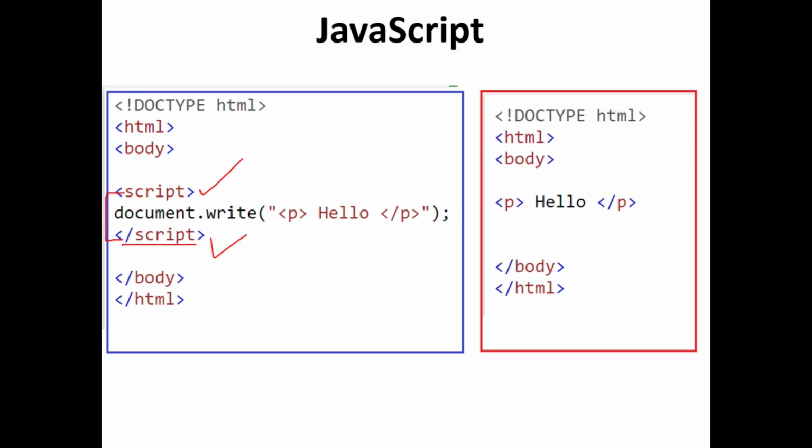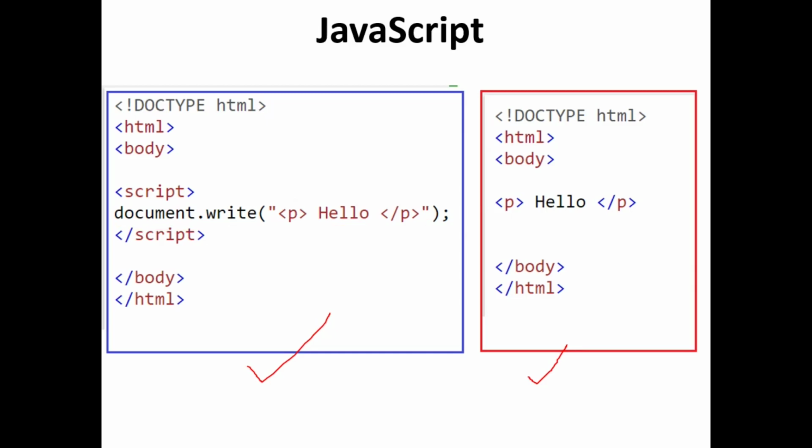For example, here I have written a single line of JavaScript using the document.write function. This function is very useful to solve the given problem statement in your syllabus. Now let us see how exactly this document.write function works. The code within the blue box is JavaScript inside HTML, and the code within this red box is the HTML code after JavaScript being executed.